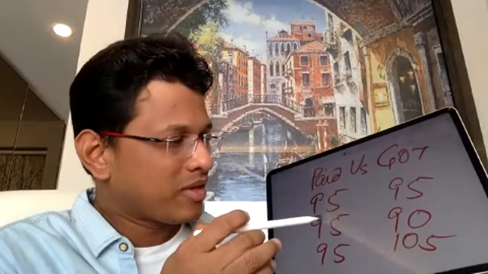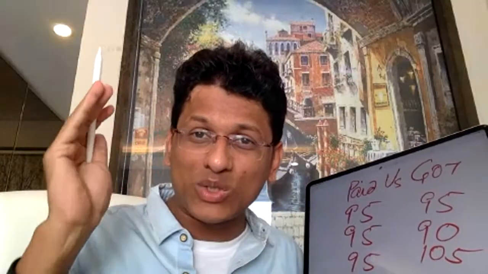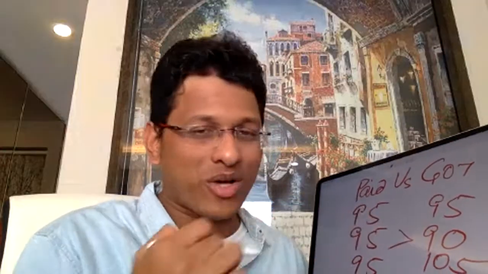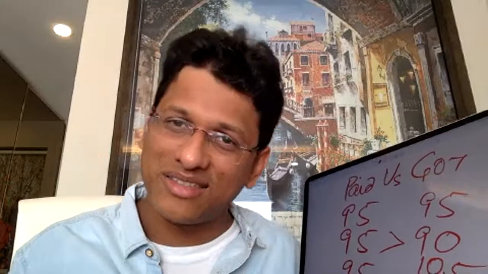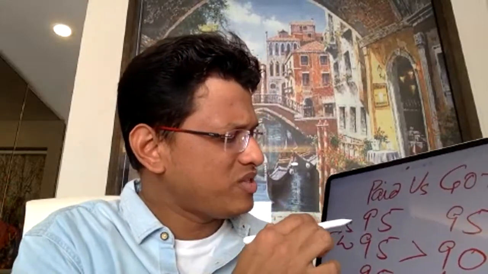So let us come back to our example. Here I paid 95, but I got worth 90 only. You'll never forget that 1000 rupees, 1200 example. So this extra 5 rupees you are paying is what we call goodwill.